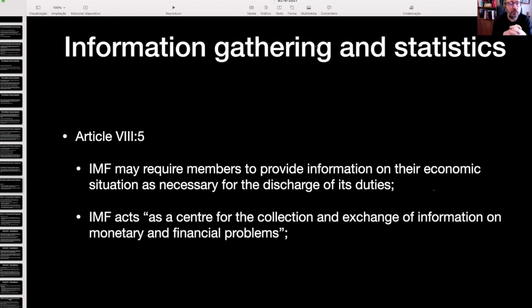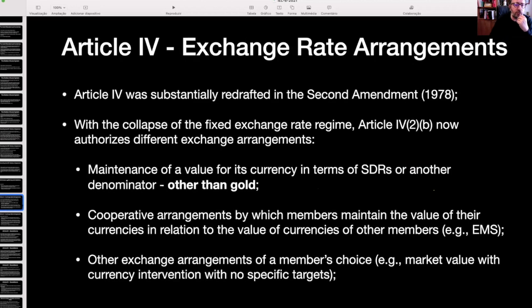fluctuating exchange rates. So the IMF has these information gathering powers, as you can see, Article 8, paragraph 5 of the Articles of Agreement. So they collect information, they collect statistics on international monetary problems, but they no longer have this direct element of ensuring stable exchange rates. Now, one of the key provisions of the Articles of Agreement of the IMF, one that you really have to read, is Article 4.